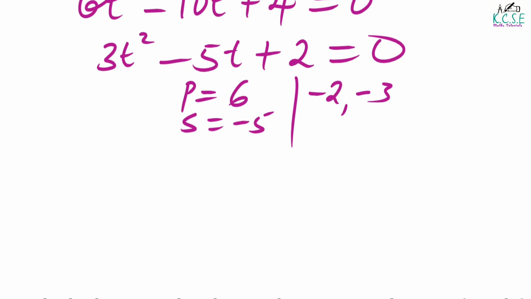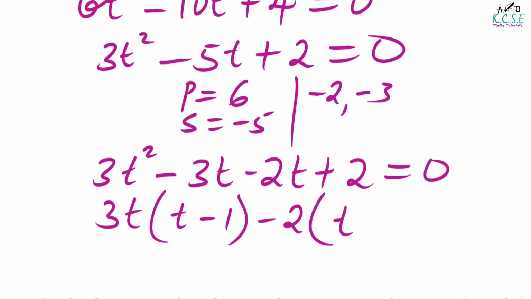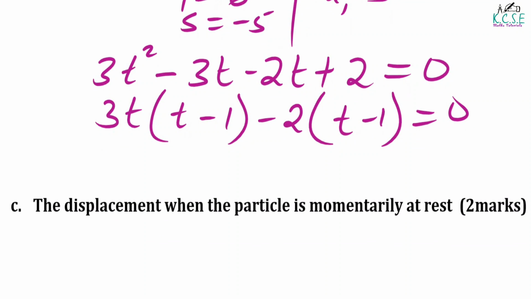So we solve this. This will give 3t squared minus 3t minus 2t plus 2 is equal to 0. So 3t is common, giving 3t times t minus 1, minus 2 times t minus 1, is equal to 0.